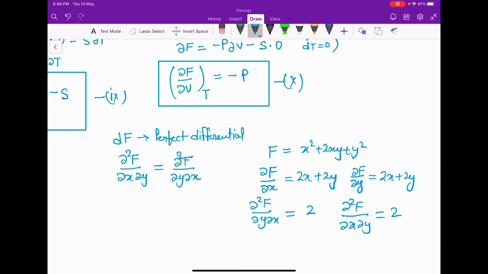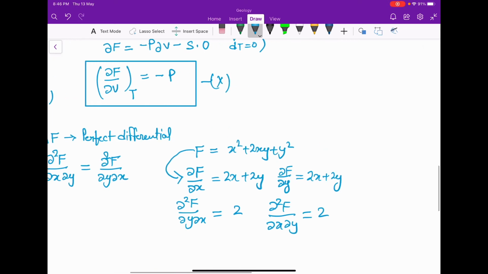So what I did, from this step to this step, is just differentiate with respect to x, taking y as a constant. F is x square plus 2xy plus y square, so del F by del x means we differentiate only with respect to x, and all other terms will be constant.